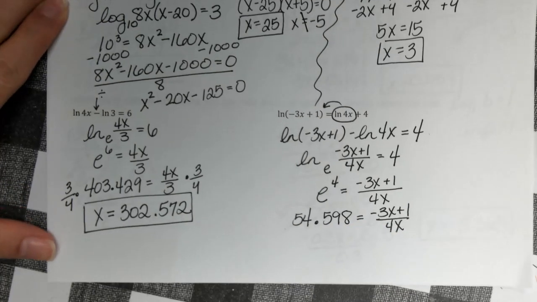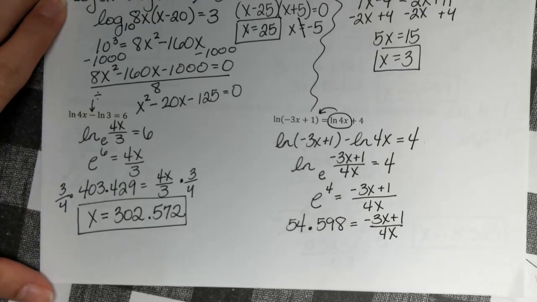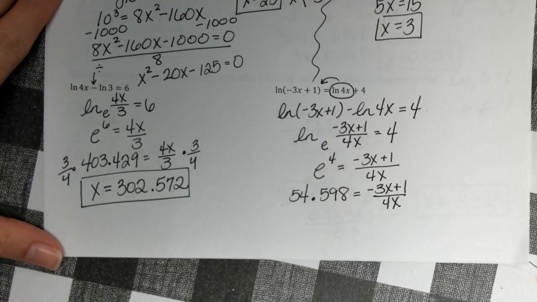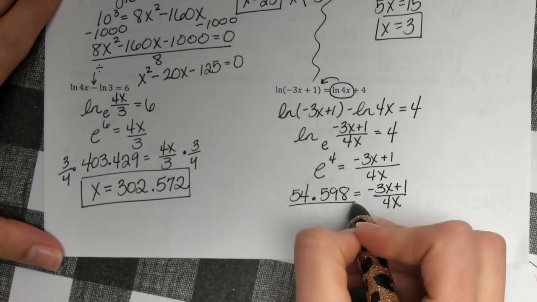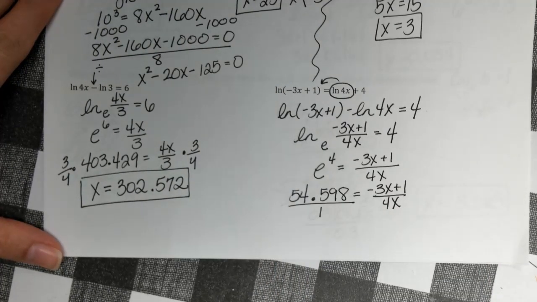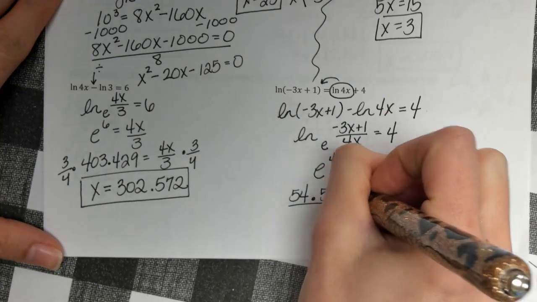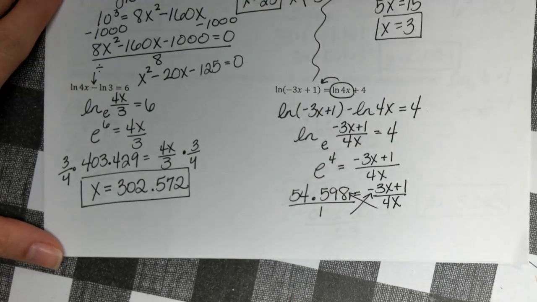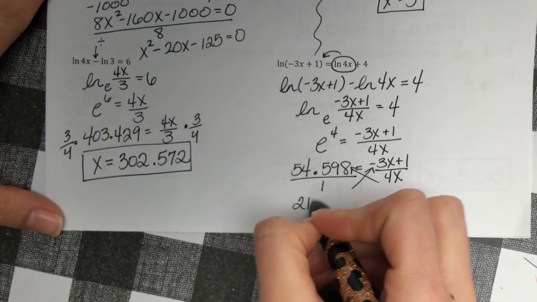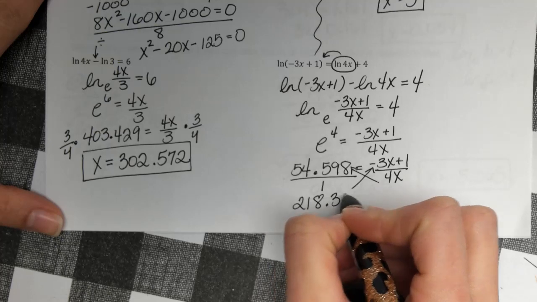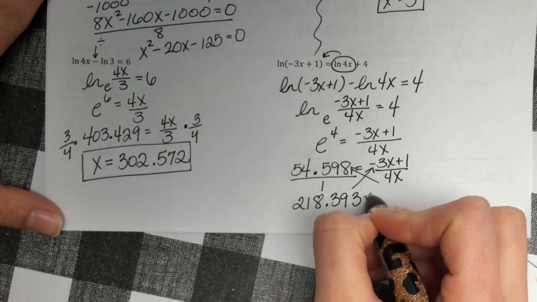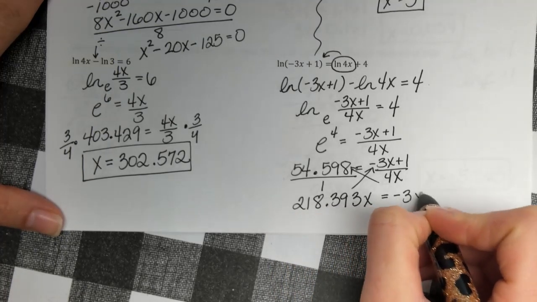So then how do I solve that? Put it over 1. You've got 2 fractions now. How can I solve when I have 2 equal fractions? Cross multiply. So 54.598 times 4 gives me 218.393x equals negative 3x plus 1.